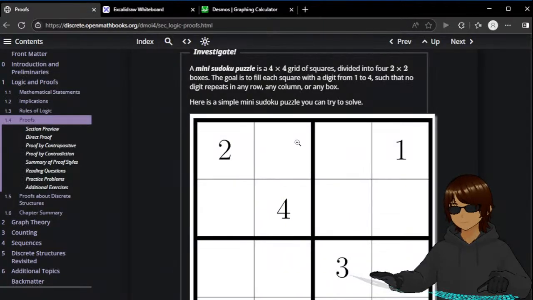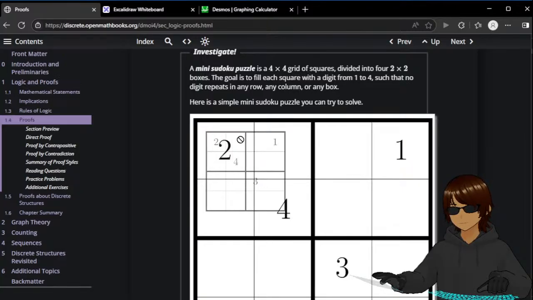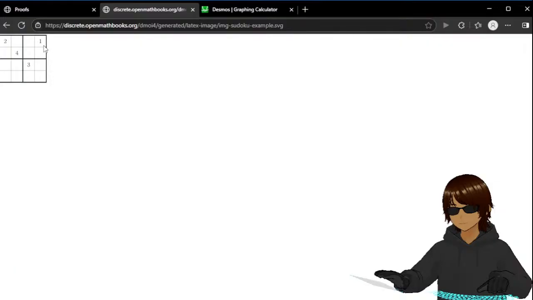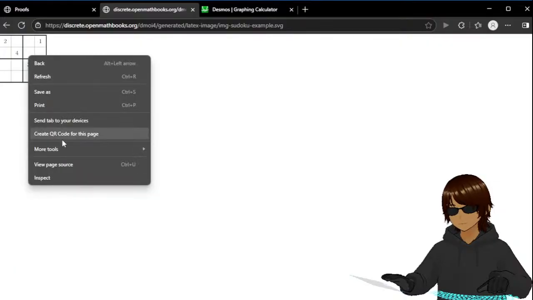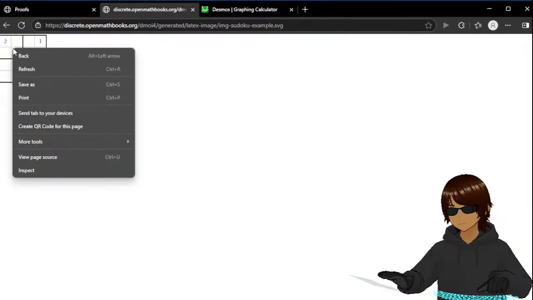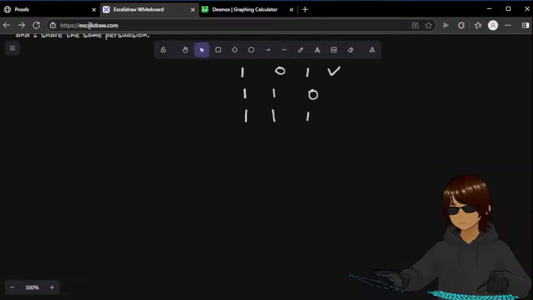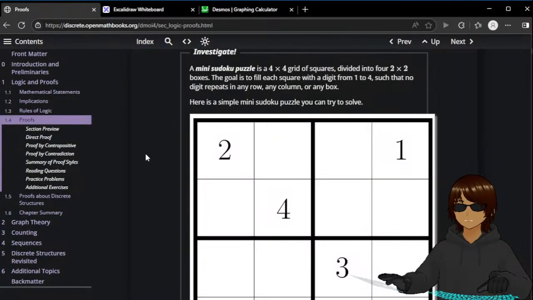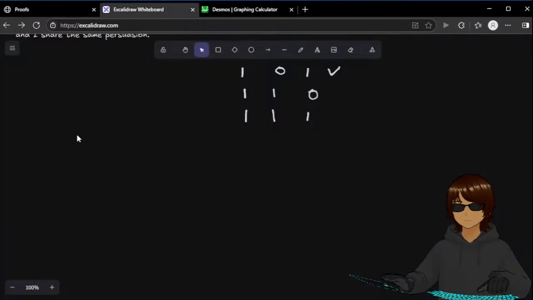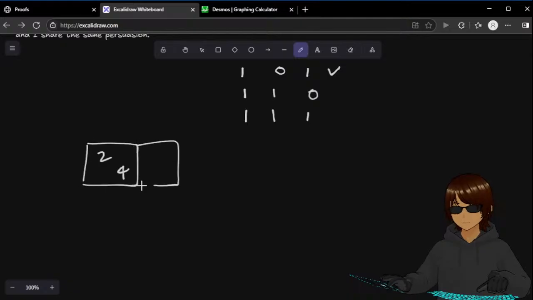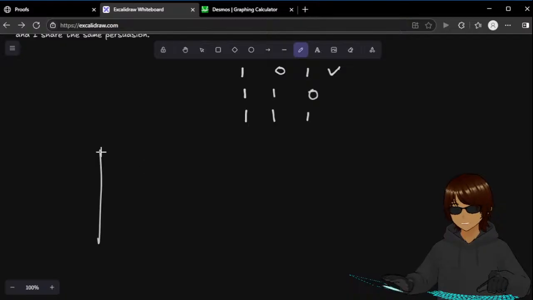And I don't know why it's not working. So 2143. 2, 4. Yeah, I have an idea.